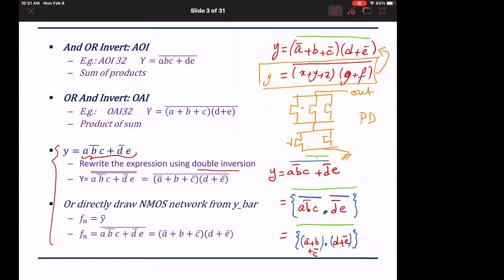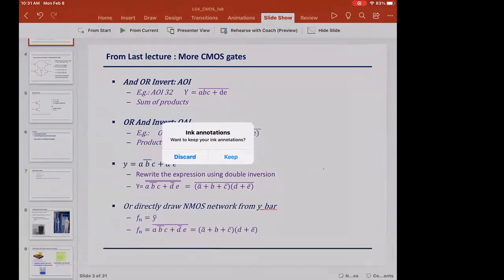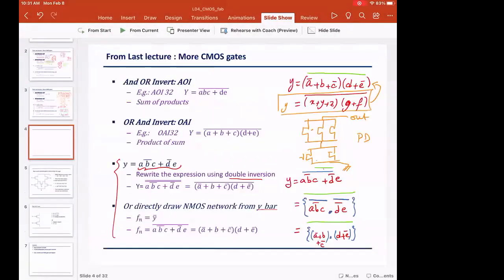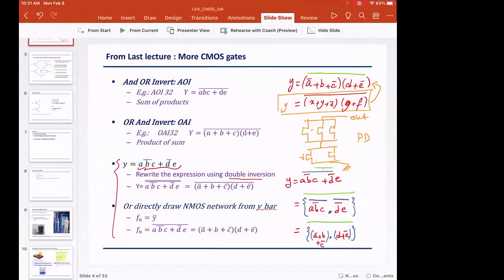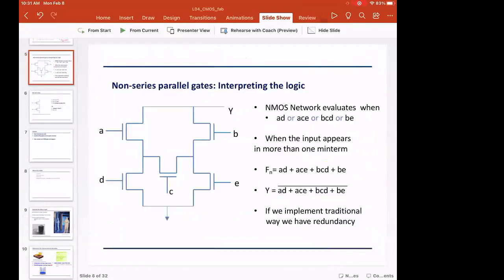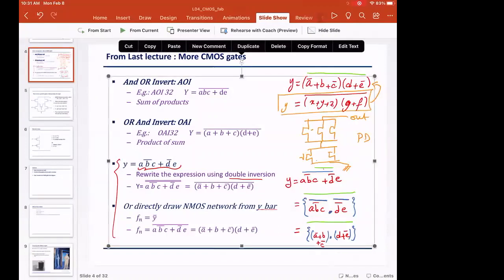Let me duplicate this slide, it's too squeezed. One second. So let us look at this. We just replace them by the ones above them. Let me come back here and delete my text.